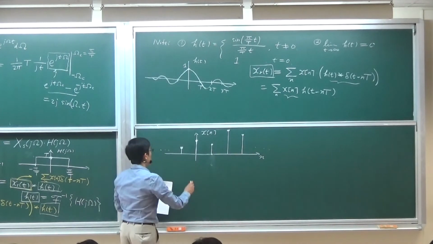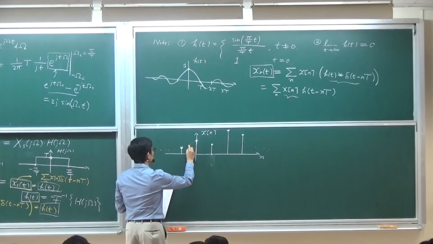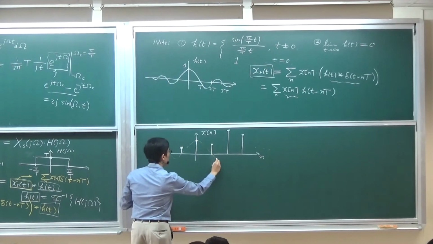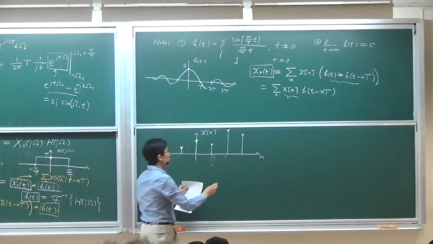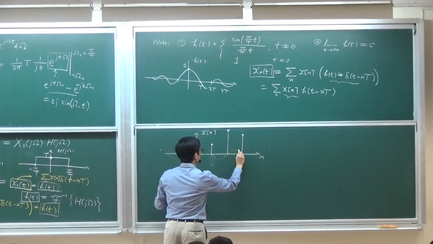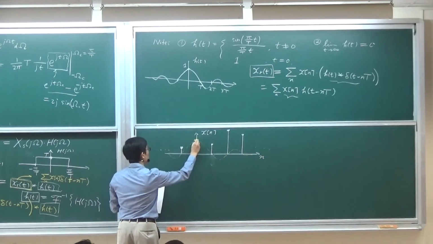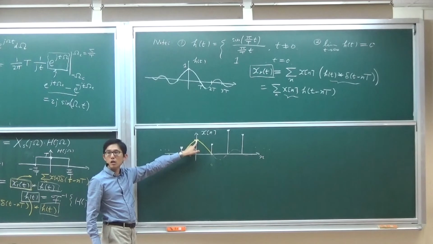So for example, for n equals 0, we are going to place a sinc function that sort of looks like that. It has zero crossings. That's one copy of the sinc function, scaled by this height, so the top of the sinc function matches the height of our digital sample.